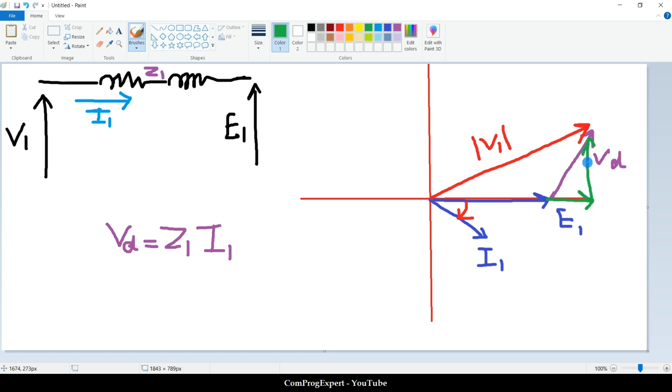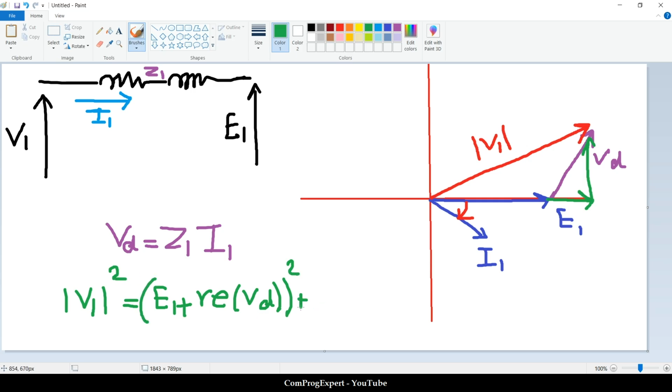So we have a triangle here. Yes, you know that V1, its amplitude to the power 2, is equal to E1, this is a real number, plus the real part of the voltage drop to the power 2, plus the imaginary part of the voltage drop to the power 2.